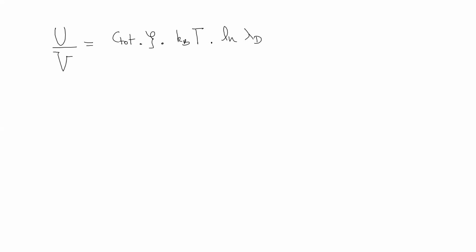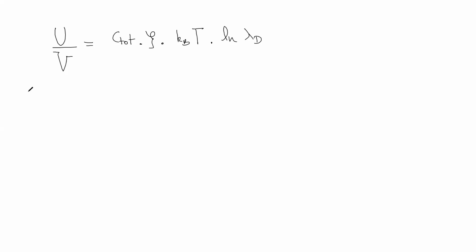Any comment on that? Is it clear? Okay, I take that as a yes. And so we can go on. Now that we have the total energy, I mean, the internal energy, we have the possibility to derive pressure and all the thermodynamical quantities we want.